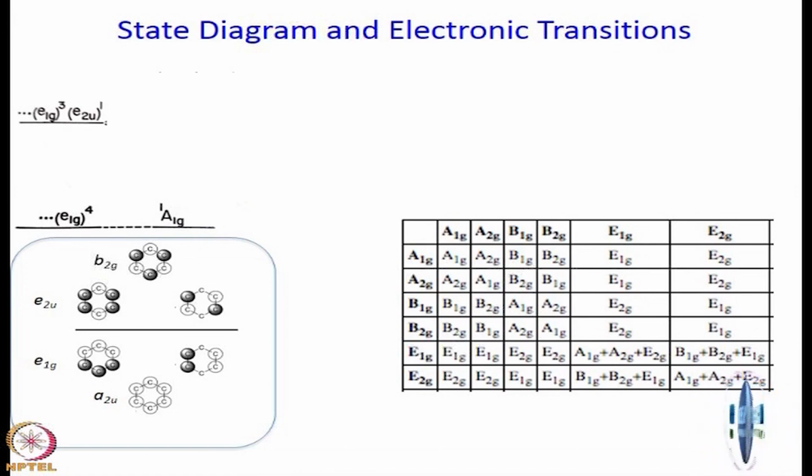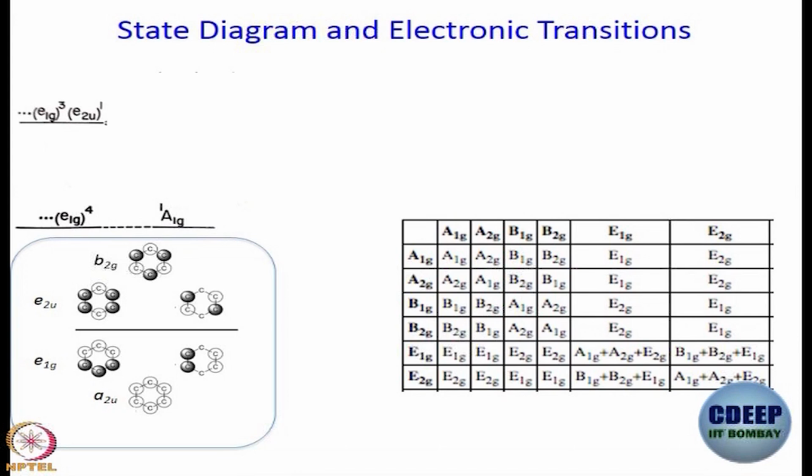What happens when there is a HOMO-LUMO excitation? HOMO is E1G, LUMO is E2U. If I have HOMO-LUMO excitation, instead of 4 electrons here, I will have 3, so I get E1G3, and now I have 1 electron in E2U, that gives me E2U1, agreed now? Now, how do I find the symmetry of this state?